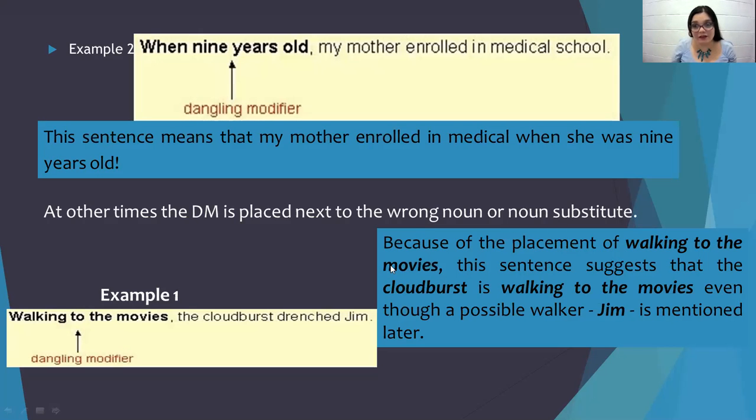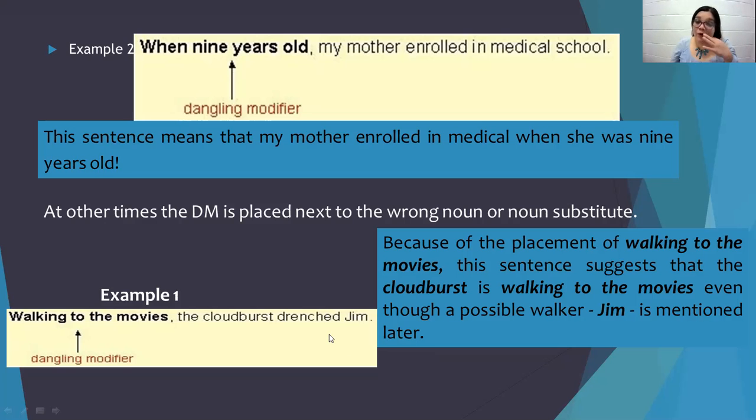or noun equivalent. "Walking to the movies, the cloudburst drenched Jim." Can a cloudburst walk? Because of the placement of "walking to the movies," this sentence suggests that the cloudburst is walking to the movies, even though a possible walker, Jim, is mentioned later.